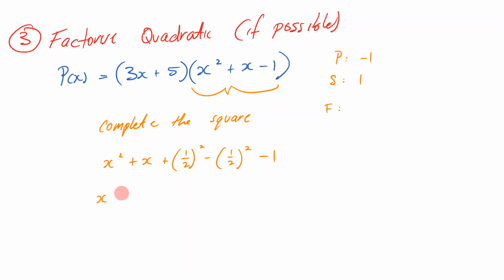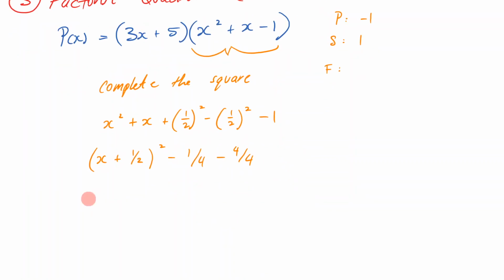So that means I'm going to get x plus 1/2 squared, minus 1 on 4, minus, now this minus 1 I'm going to write as 4 on 4. And then I can go x plus 1/2 squared minus 5 on 4, like that.